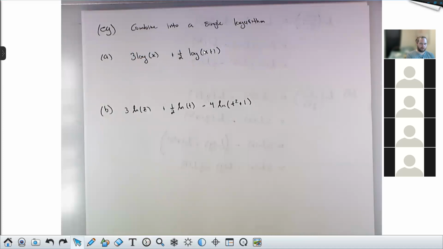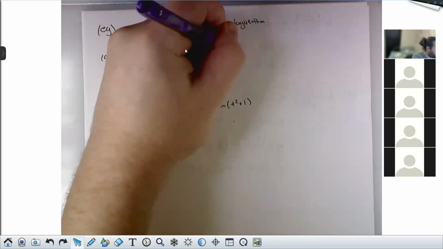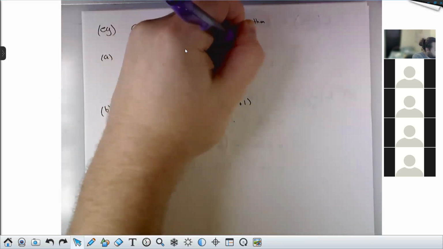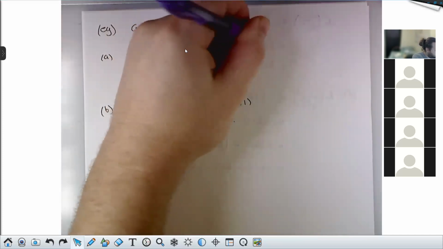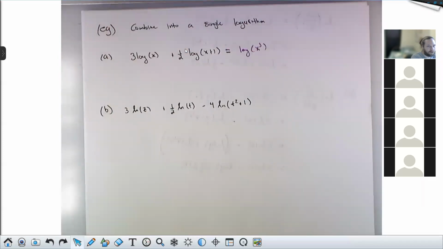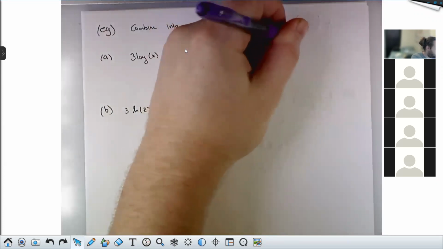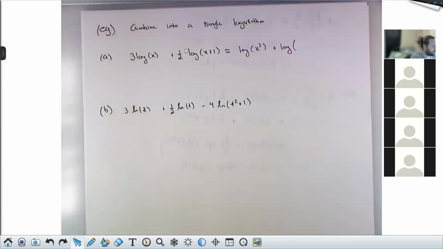And you need to be a little bit careful when you have stuff like this, where you've got multiple terms inside the logarithm. Make sure that everybody gets that power in the appropriate form. So the first one is easy. This is the log of x to the 3, just bringing that 3 inside as a power. Plus, the second one is going to be the log of, and you're going to need to stack up some parentheses here.